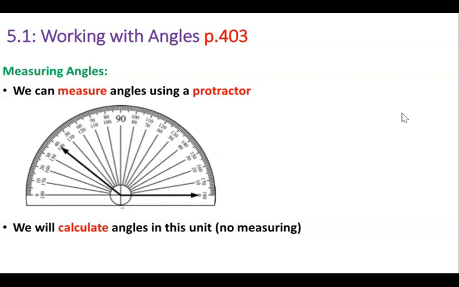But if you wanted to measure any angle, what you would do is line it up so that the vertex was lined up right on this line of your protractor. And we can see that this is an obtuse angle. So we would line up one side on 0, and we would check where the other side falls.